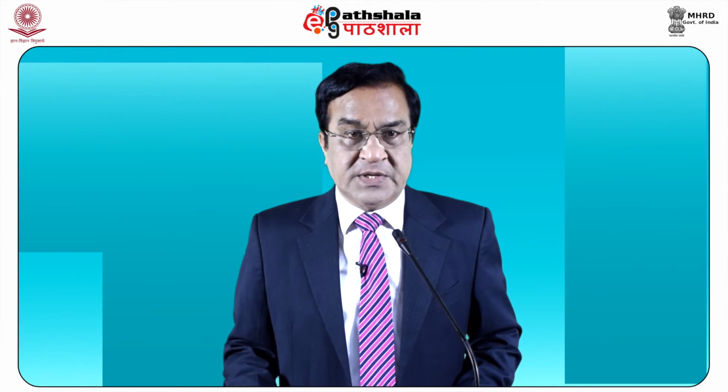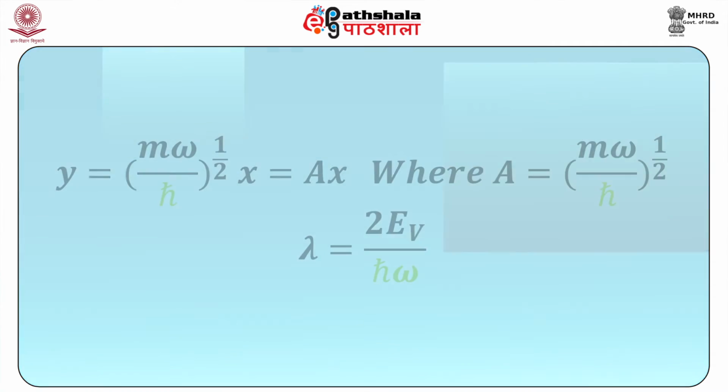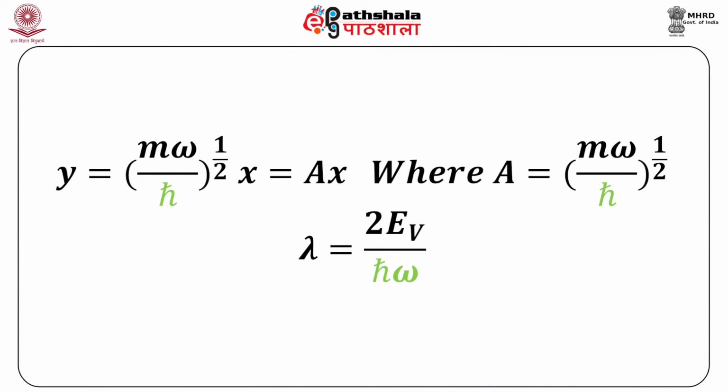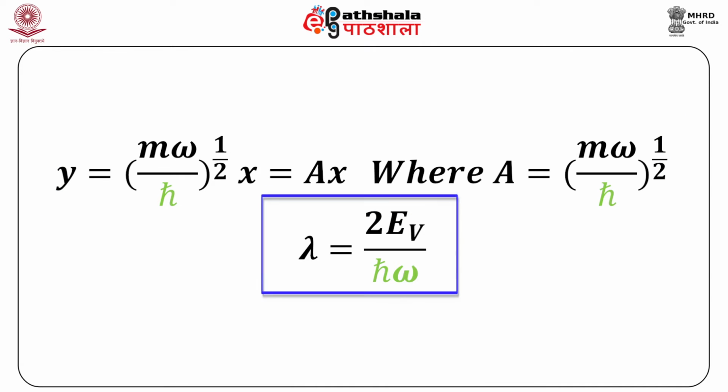undertaking the first step. In the second step, we make a few substitutions. As you can see, the substitutions are, we put y is equal to square root of m omega upon h cross times x, and this whole is equal to ax, where a is square root of m omega upon h cross. Second thing we do is to make a substitution, lambda is equal to 2 Ev upon h cross omega.